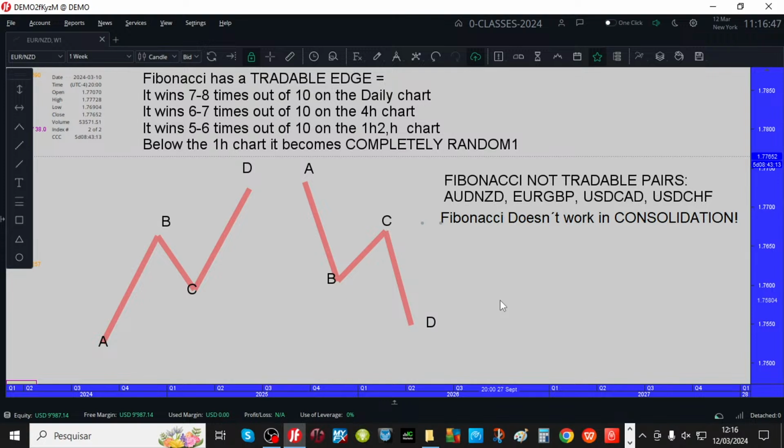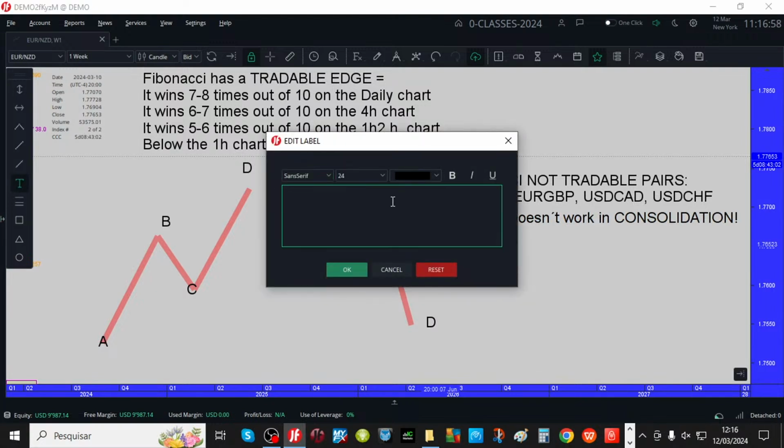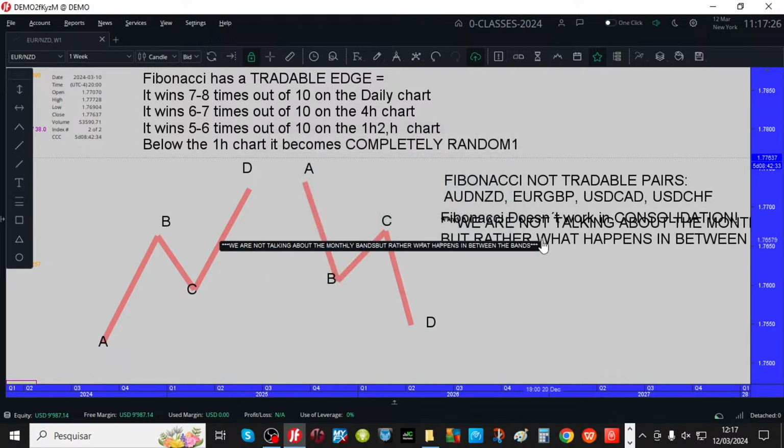Now, of course, just to be clear, we are not talking about the monthly bands, but rather what happens in between the bands.